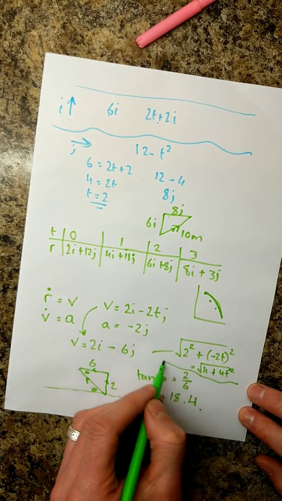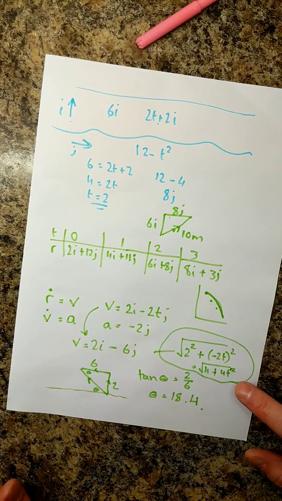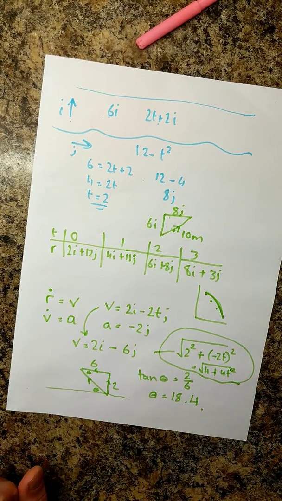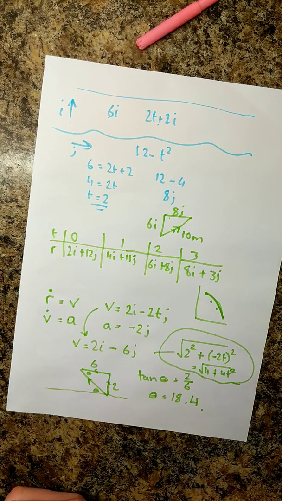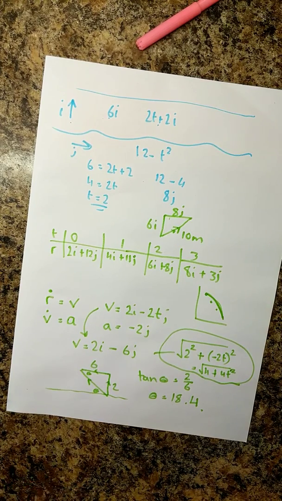So you can see from here that with t always increasing, the speed is going to continuously increase. And there'll be a time when the boat wouldn't be able to do that anymore. Okay.